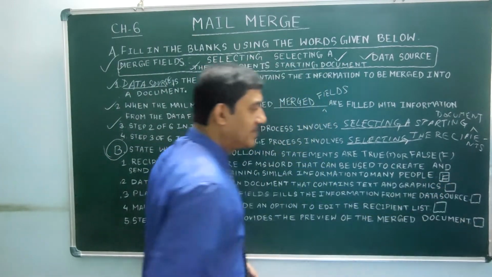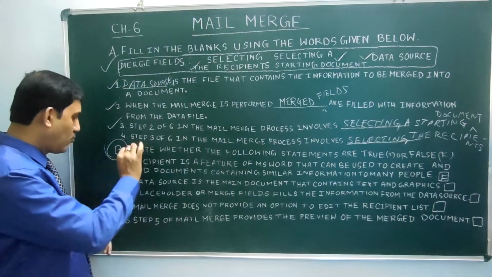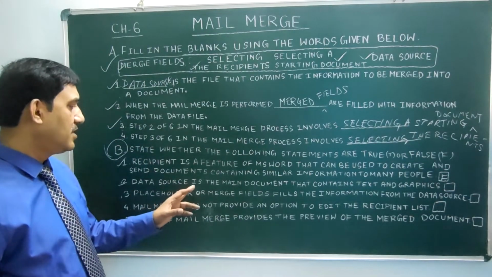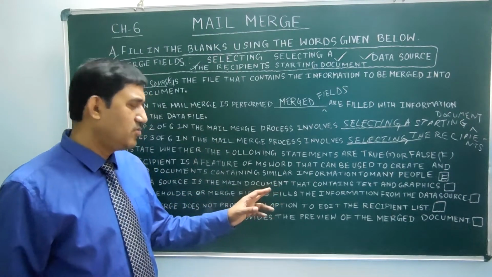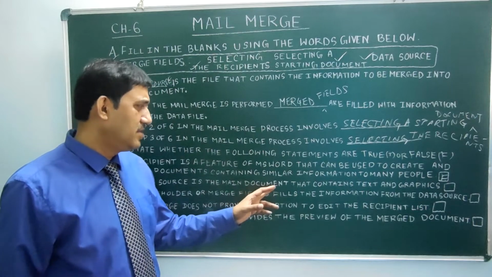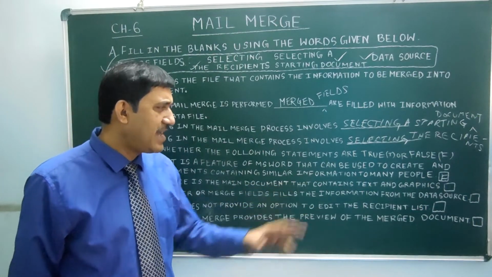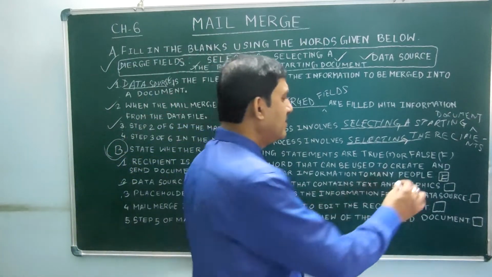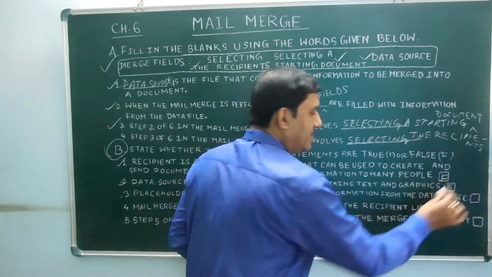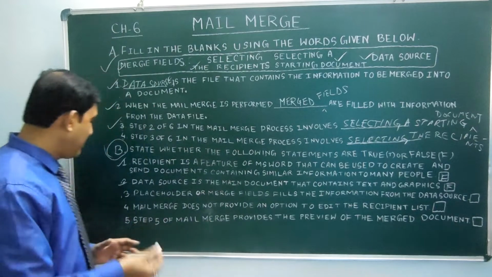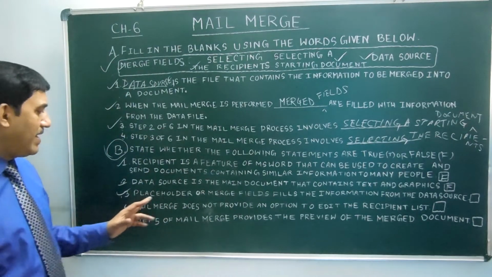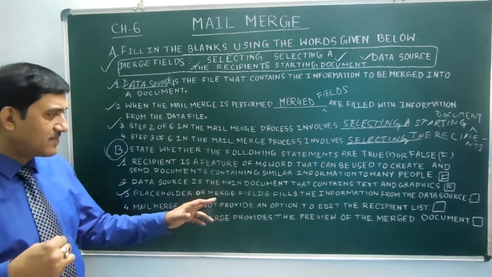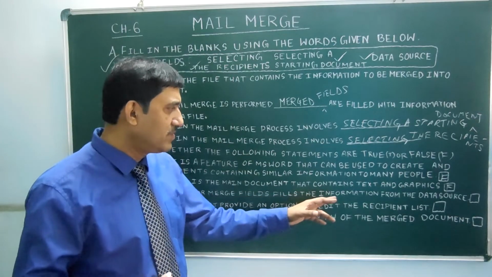Now coming to the next one: data source is the main document. Data source is not the main document that contains text and graphics, so we give it false. Coming to the next one: placeholders or merge fields take the information from the data source.